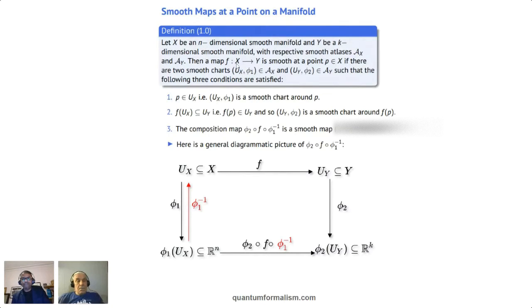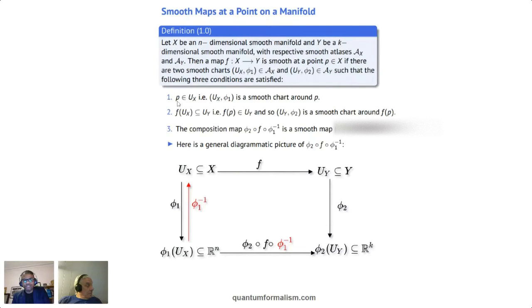So a map F from X to Y is smooth at the point P if there are at least two smooth charts, that we labeled (UX, phi1) and (UY, phi2), satisfying these conditions. Maybe I could have bunched them all together, but I decided to split them into three conditions to make it much clearer for most of you.